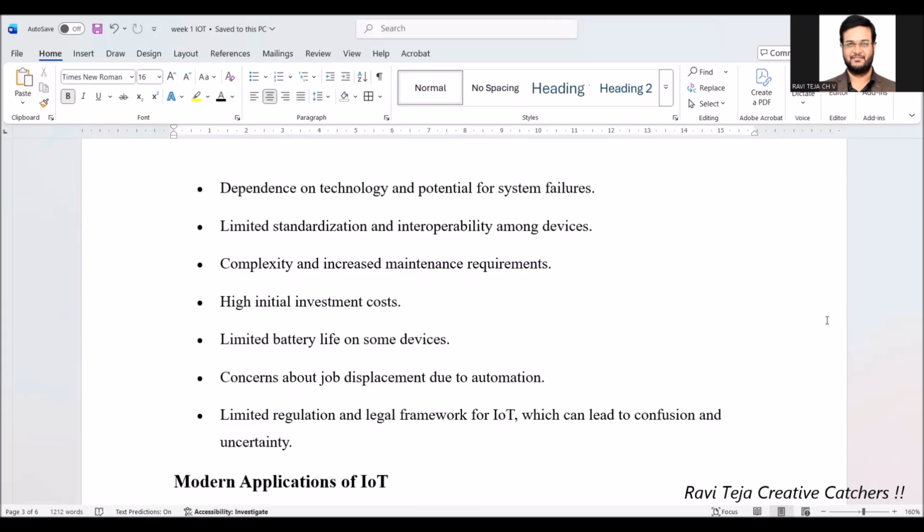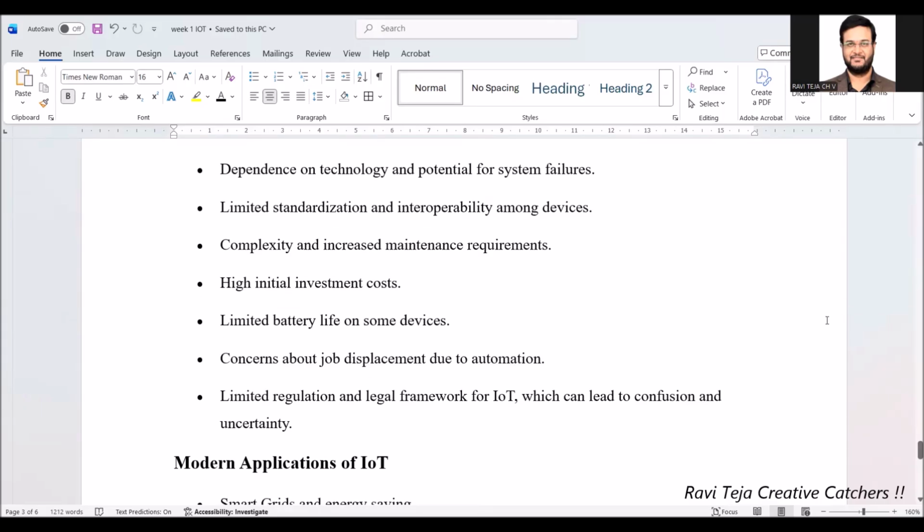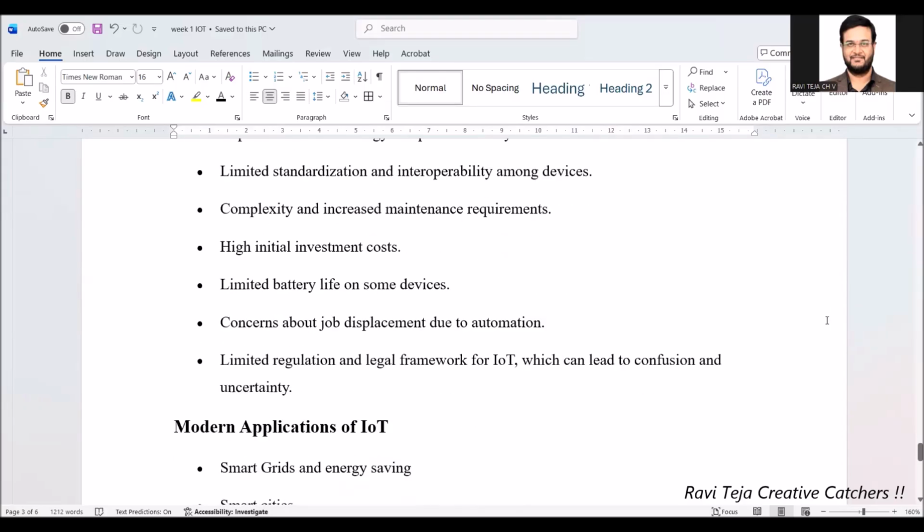And as these particular devices need to run on some particular power, we have limited battery life for some devices. So there can also be limited regulation and legal framework of IoT. All these can be considered some of the disadvantages of the IoT.